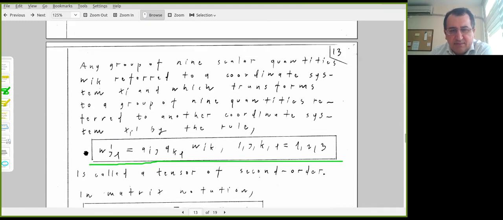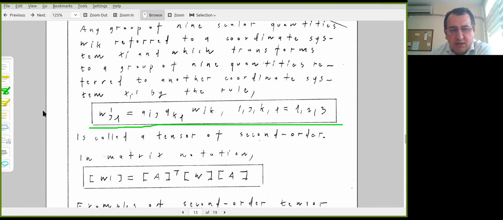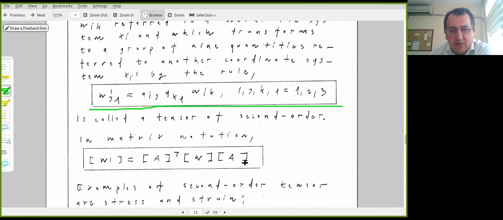This is index notation of this transformation, and you can also write it in matrix form. The matrix form is shown here.